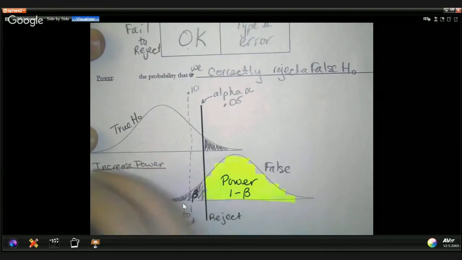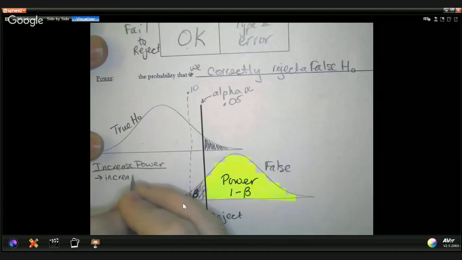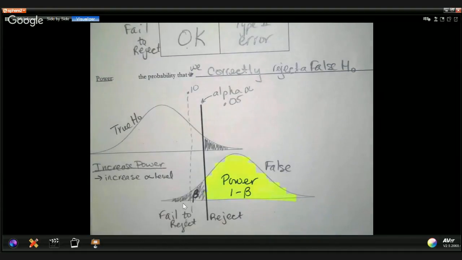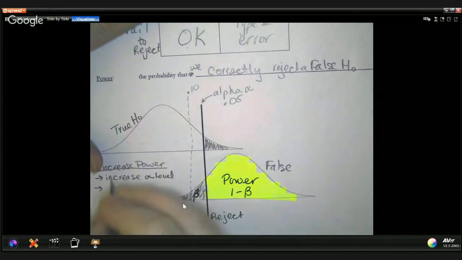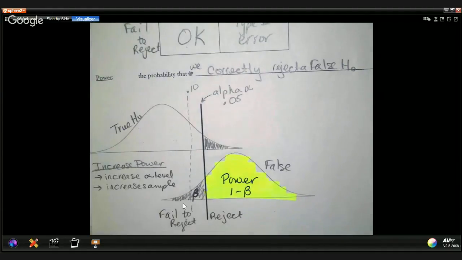If you have a higher alpha level, it's easier to do things correctly, and you're going to see more answers that work. The other thing you could do is increase your sample. Remember, increasing sample always makes the standard deviation smaller, which puts things closer together, which increases your power.